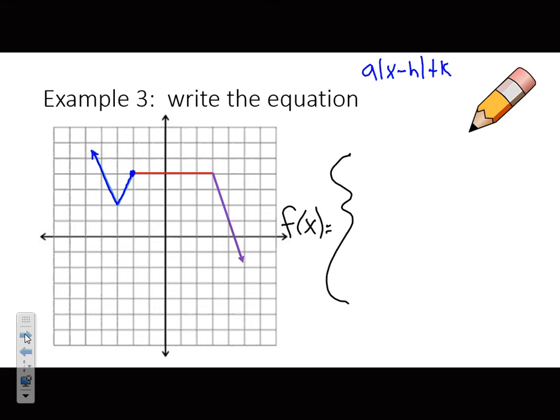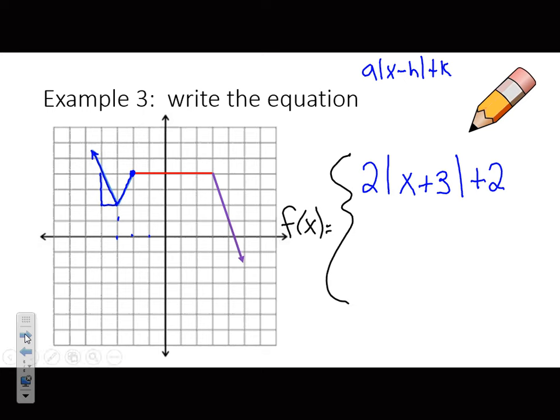So if we look at our slope, it's up 1 over 2, and it's right side up, so we're going to have 2 for our slope there. Absolute value of x. We went to the left 1, 2, 3, so it's going to be plus 3. And then we went up 2, so we're going to put plus 2. There's our equation for that.